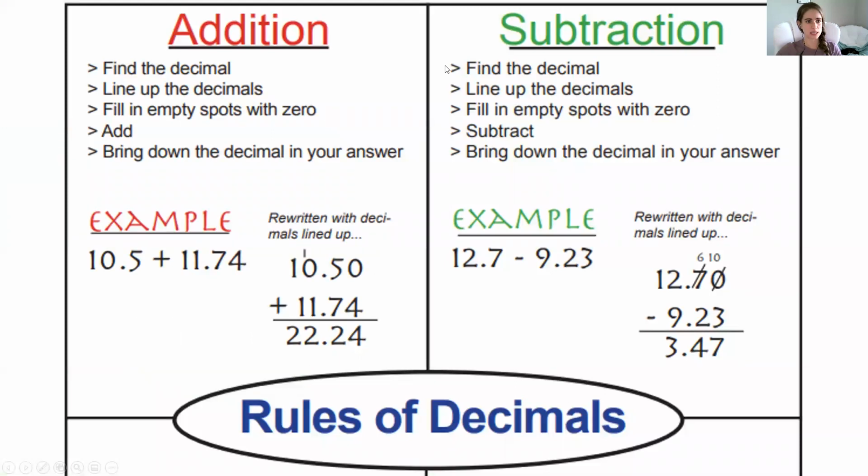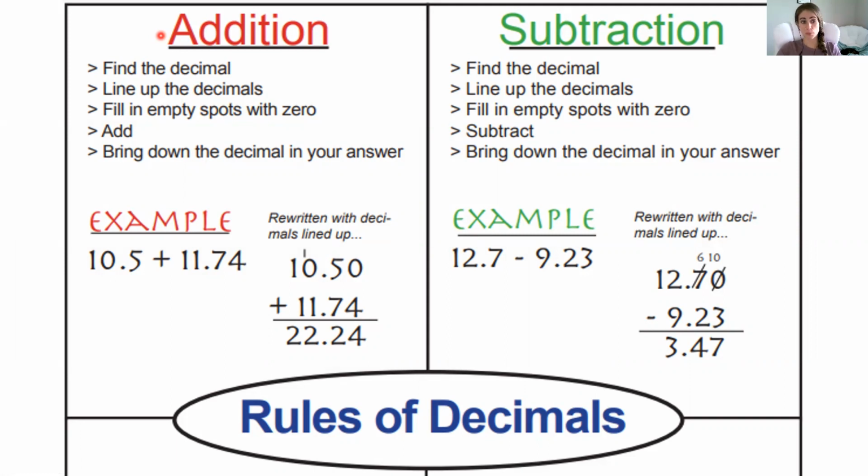On the left here, you will see a nice little reminder on how to add decimals. The nice thing is, with adding and subtracting decimals, it's not all that different from standard column addition and subtraction.